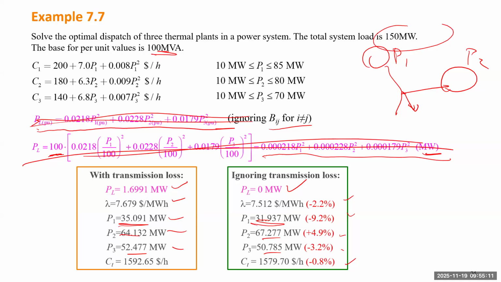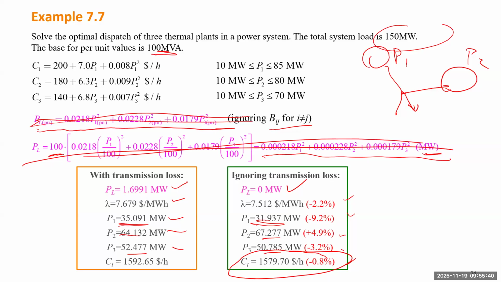The final total cost is only different by less than 1%, so it's not too bad, right? Okay. Yeah, so that's the last thing I want to talk about. The quick conclusion is, if you do the economic dispatch, even if you ignore transmission loss, it doesn't change your answer significantly.